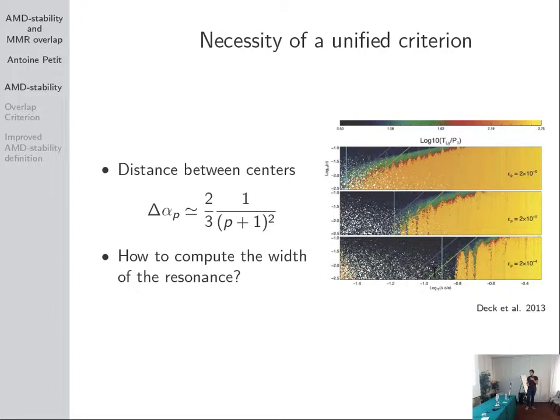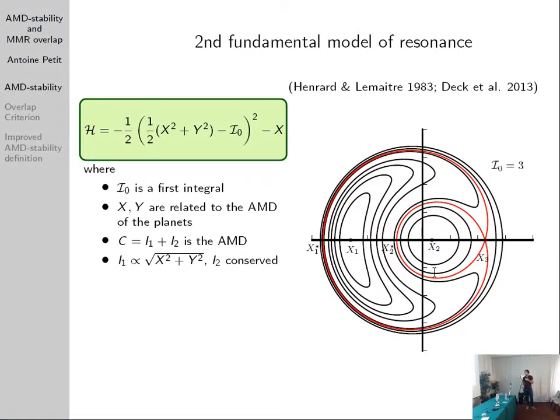But we have to compute the width of the resonance. The dynamics of a first-order mean-motion resonance can be reduced to a one degree of freedom integrable Hamiltonian, known as the second fundamental model of resonance, developed by Henrard and Lemaitre, and used by several authors, including Deck.